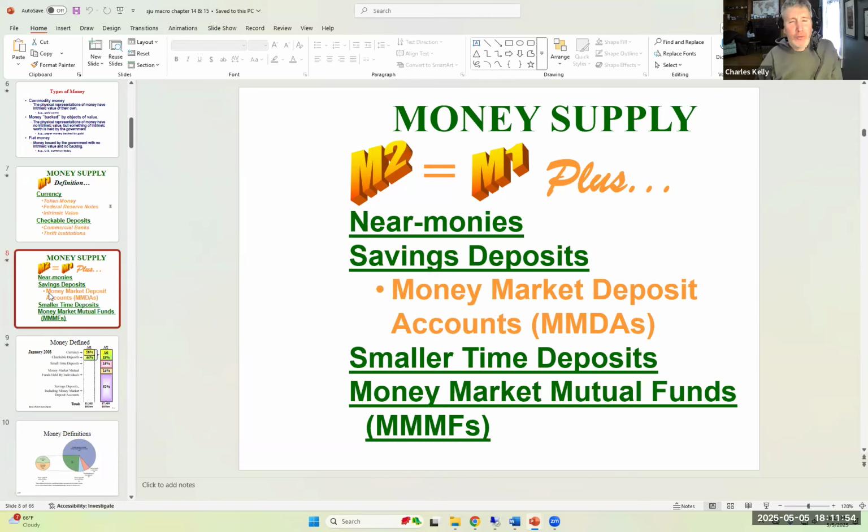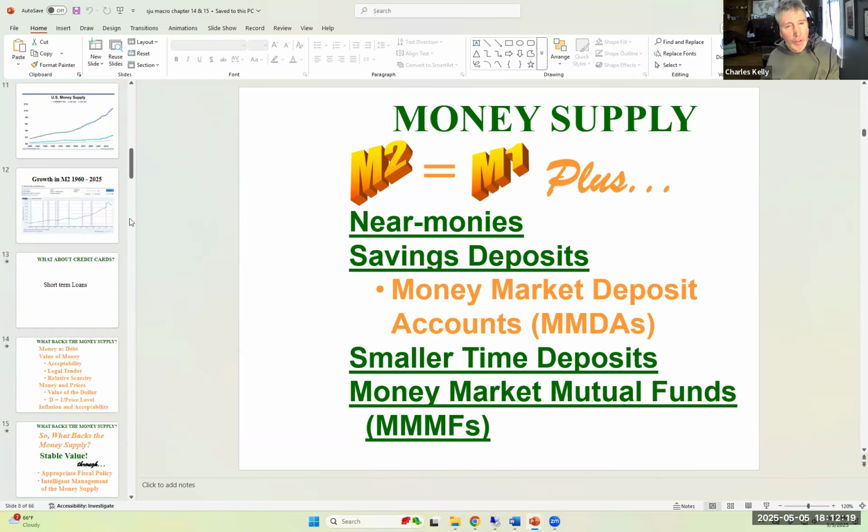Now be careful because cash and checkable deposits, those are part of both M1 and M2. But money market mutual accounts, and those near monies, they're only part of M2. So review the definitions of how we counted together the money supply. That stuff's pretty straightforward. All right, let me see what else we have here.